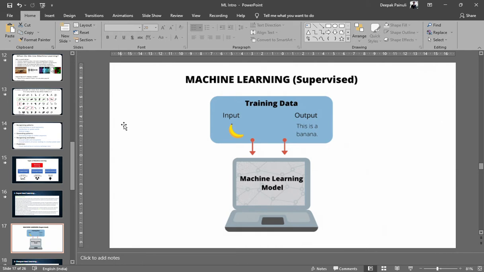Let's say this machine learning model will give... Sir, voice break ho raha hai. No issue guys, wait for a minute, maybe there is a network issue.